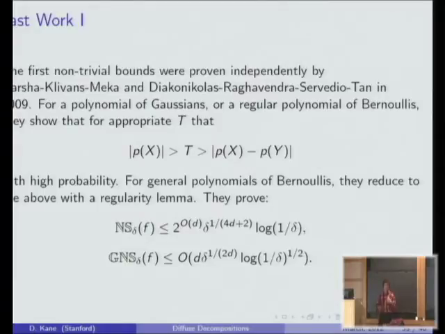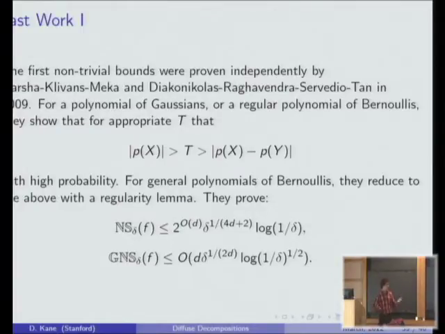The point was that if you have a polynomial of Gaussians or a regular polynomial of Bernoullis, you could show that for an appropriate parameter t, p of x would be bigger than t, which would be bigger than the absolute value of p of x minus p of y with high probability. Now if you want to look at a general polynomial of Bernoullis, you reduce it to the regular case using a regularity lemma. Putting these together, you prove the following bounds on the noise sensitivity and the Gaussian noise sensitivity.